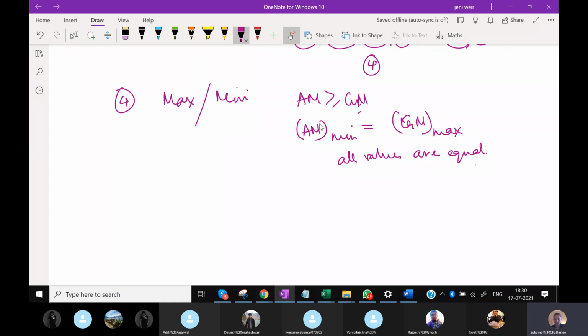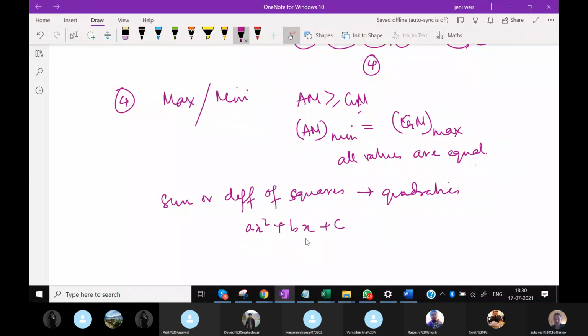The next method of finding maxima and minima is sum or difference of squares. This is applied in quadratics. So if you are given an equation ax square plus bx plus c, you write this as a into x plus b by 2a whole square minus b square minus 4ac by 4a square, right?